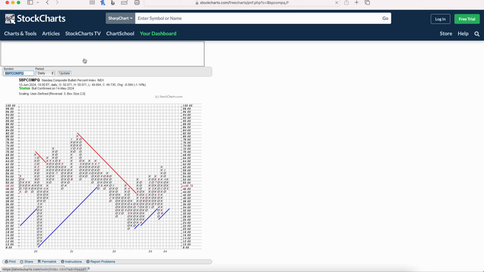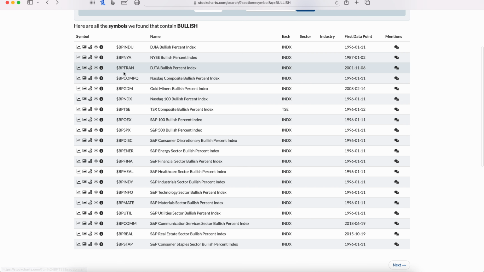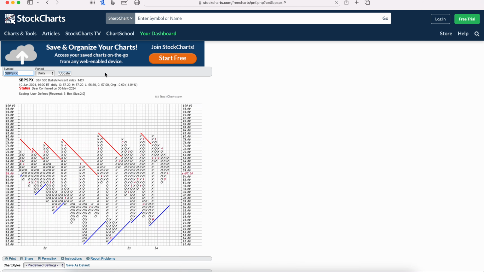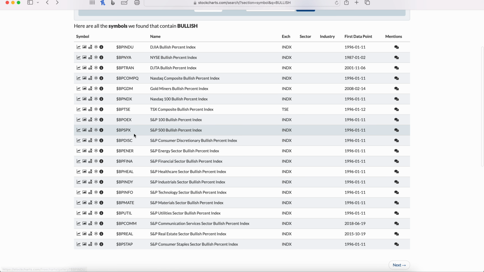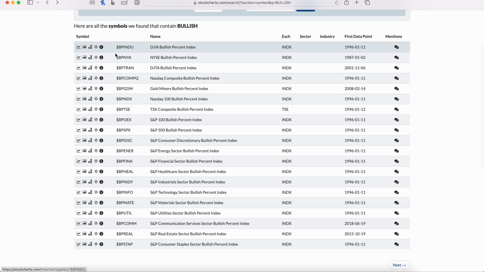The NASDAQ down 1.16%. The S&P 500 down 1.04%. The S&P 100 didn't move. And the NASDAQ 100 didn't move.